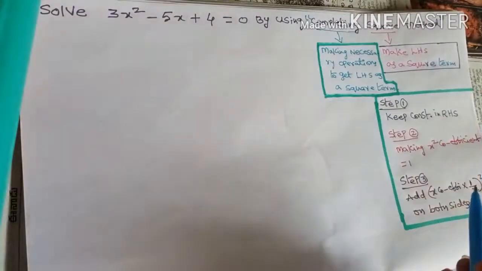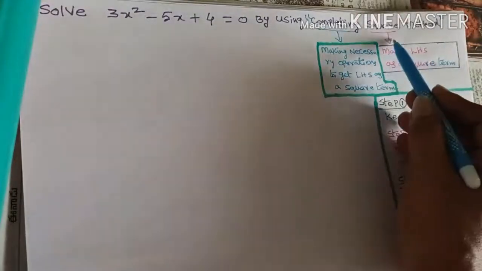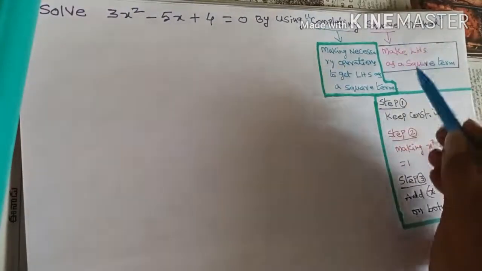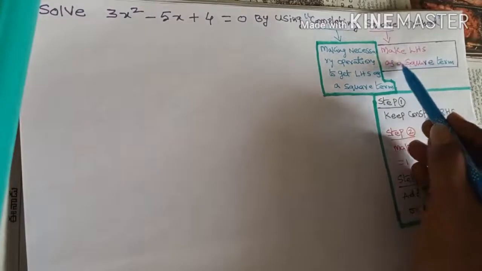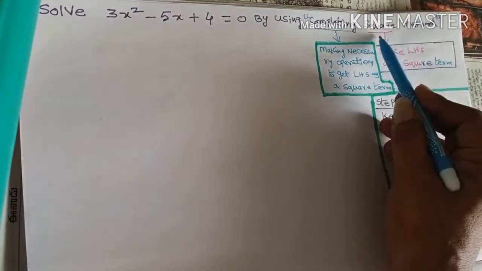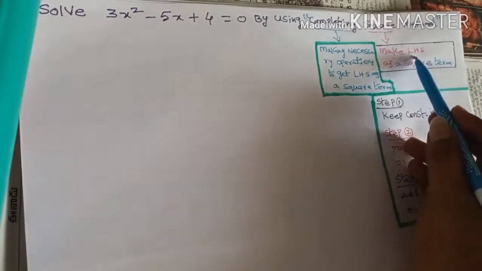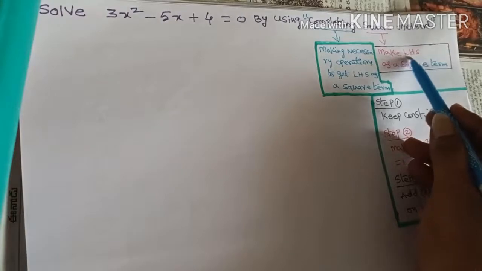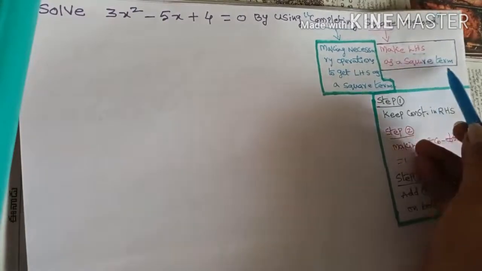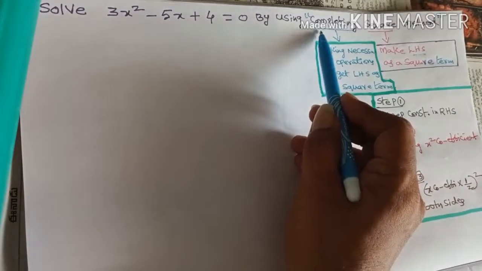In my previous video, I have already explained the words in this phrase. Here, square means make LHS a square term. That's why you are using the word square. Then what is meant by completing?